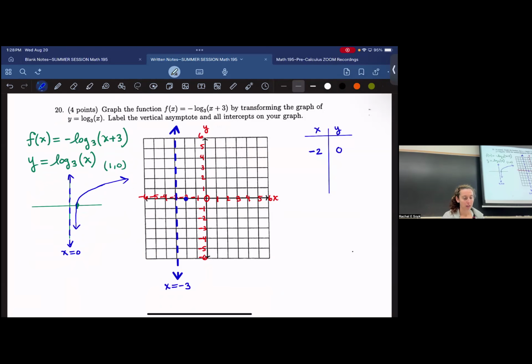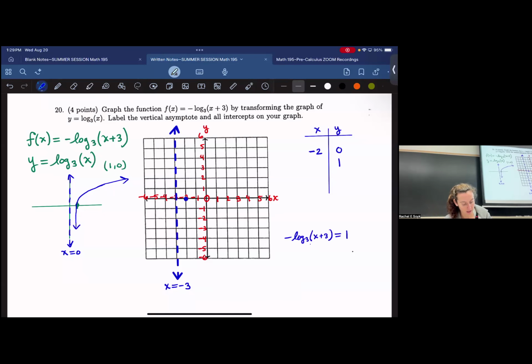And then we should probably put in one more point. Yeah, when y is 1, let's do. So when y is 1, we have 1 is equal to negative log base 3 of x plus 3.